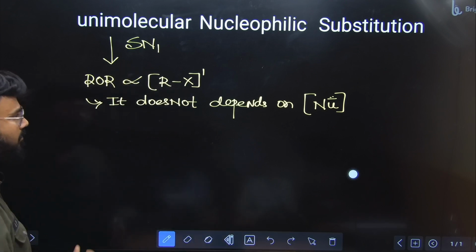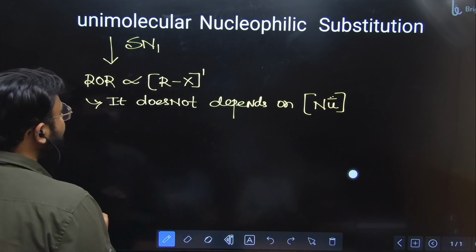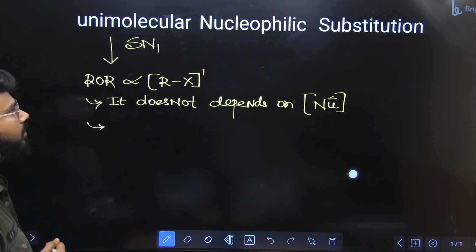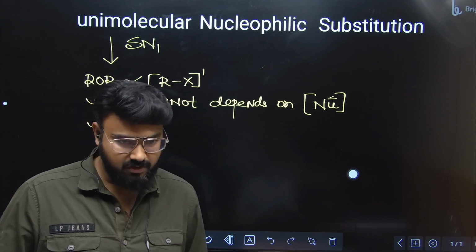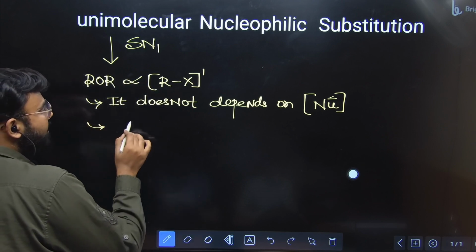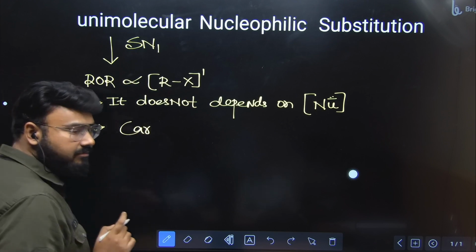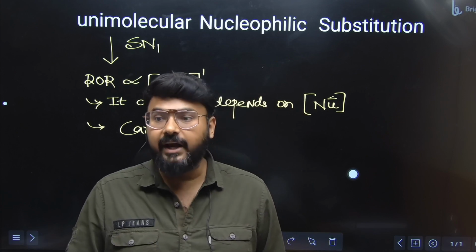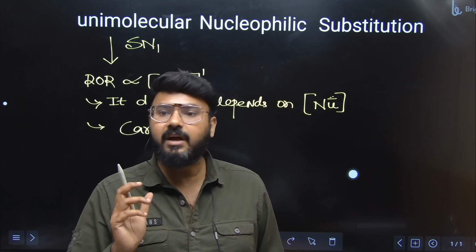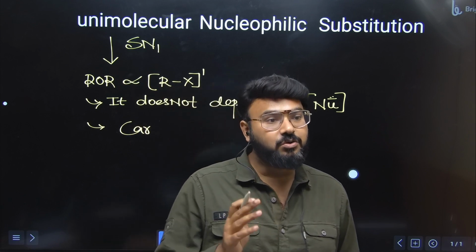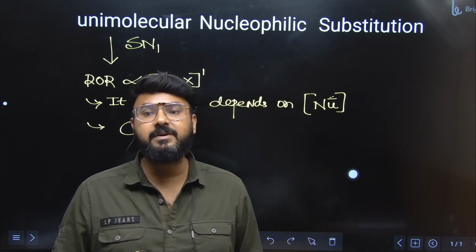Now, moving further, we will see some more important points about the nucleophilic substitution reaction. The first point is, remember, it has a carbocation intermediate. Whenever you study any reaction in organic chemistry, try to understand what the intermediate is, because if you know the intermediate, your 90% job will be done.